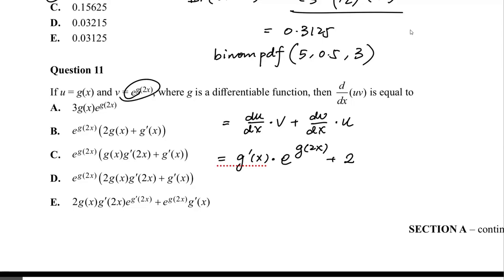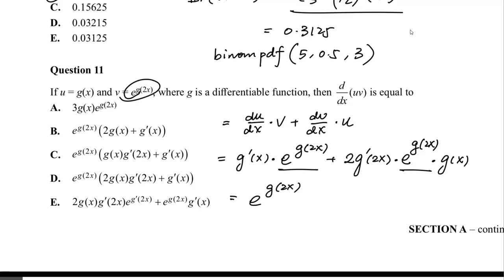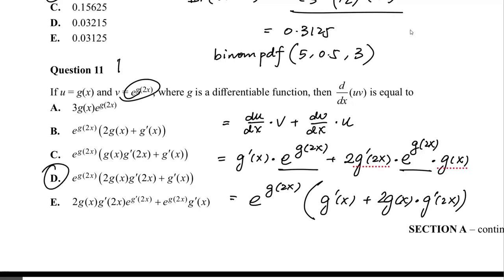So the derivative of the exponent is 2g dash of 2x, times the derivative of the outside, which is e to the power g of 2x. Don't forget to multiply u here, which is g of x. So basically, you can take out e to the power g of 2x times g dash of x plus g of x with a 2 here times g dash of 2x. Okay, so basically, I would say option D is the correct answer.